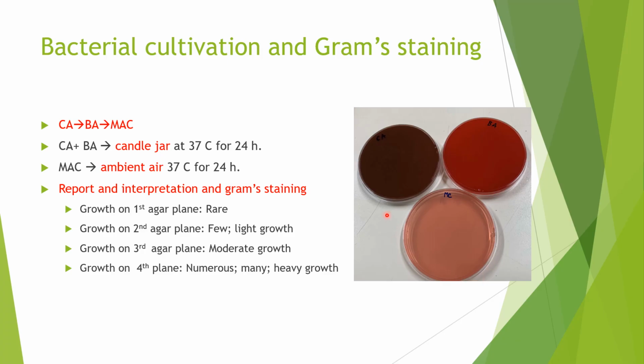You can smear it respectively on CA, BA, and MC in the 4-plane technique. After that, CA and BA you culture in a candle jar at 37 degrees Celsius for 24 hours. The MacConkey agar goes in ambient air, 37 degrees Celsius for 24 hours as well.